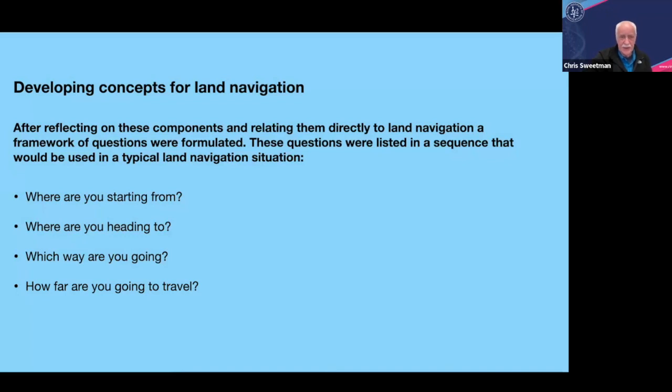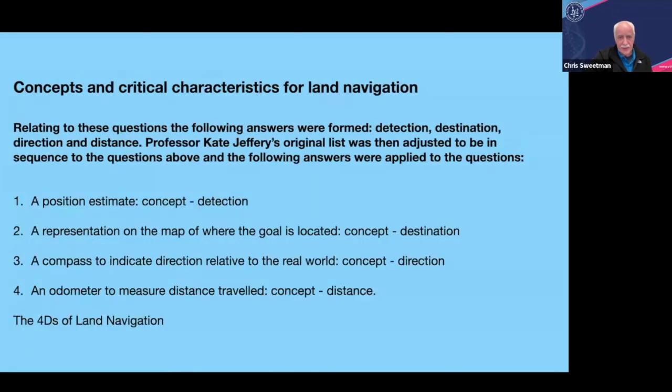And this is developing concepts for land navigation. From this, I devised concepts and critical characteristics, and I worked with a group of students to put this forward to see if it could be used as a teaching aid. And yes, it could.